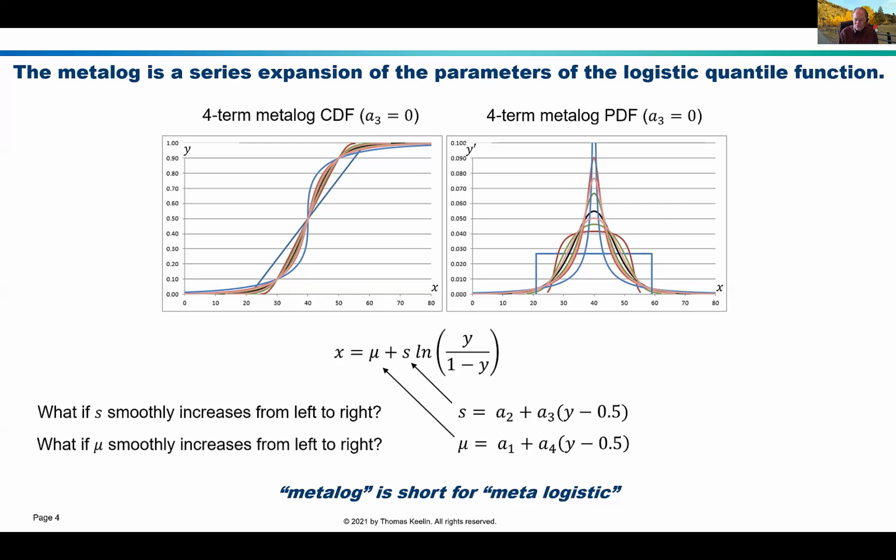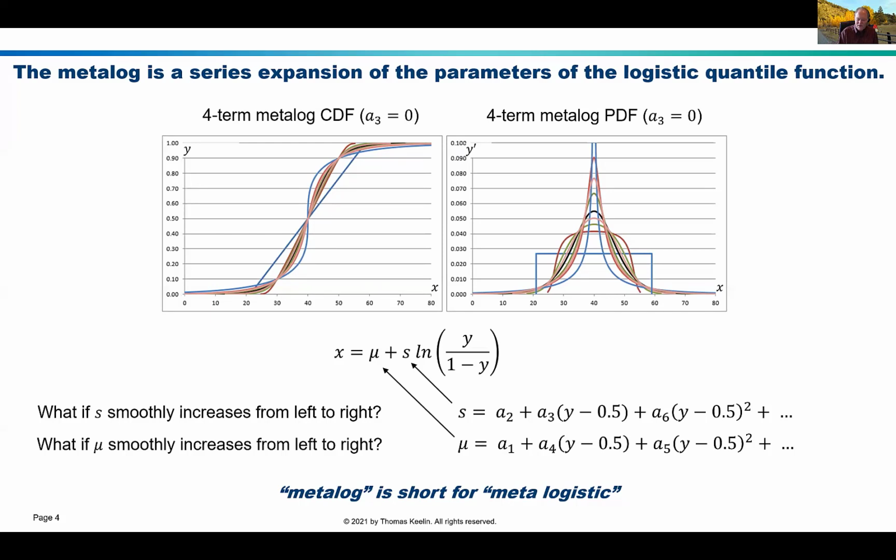Well, that's the 4-term Metalog distribution, where A3 is actually 0 for these illustrations, but you can do all combinations. Why stop there? Why not expand S as a whole power series with any number of terms, and the same thing with mu? And what you see here is the definition of the basic Metalog equation.